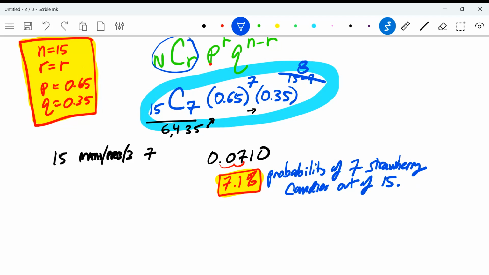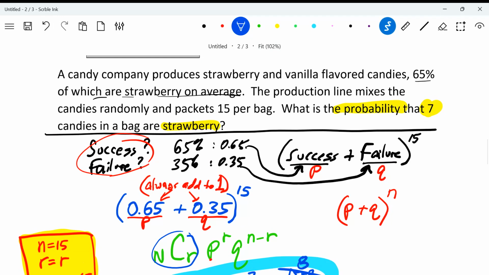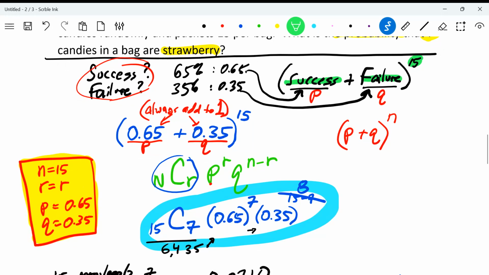We can also do this kind of thing to figure out if it is going to be 7 or more, or up to and including 7, or not including 7. So let's look at an example where that's a problem. First, let's quickly review that we looked at successes and failures to the power, or the number there, and that was these numbers, 0.65 and 0.35, because those were our percentages for success and failure, and the 15.